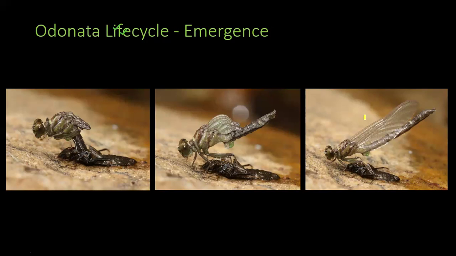You might be able to see certain species emerging. Once they have become adults, within the first few hours they don't have much color, and they don't have structural strength. They are very delicate in the first few hours.